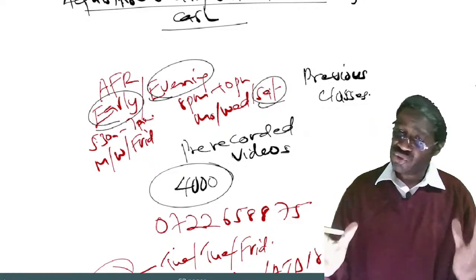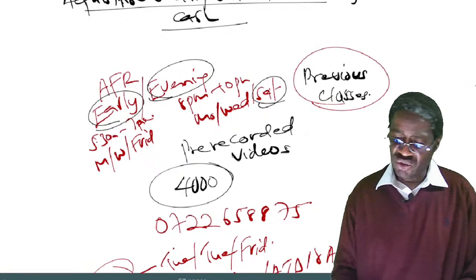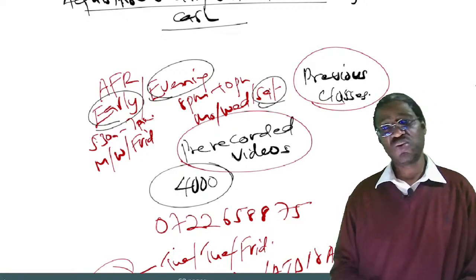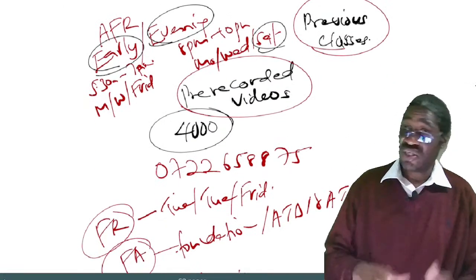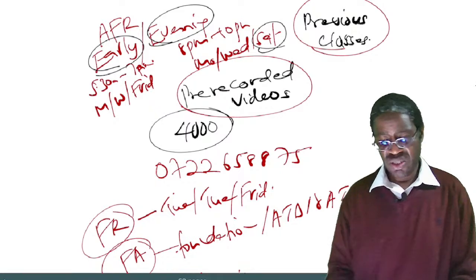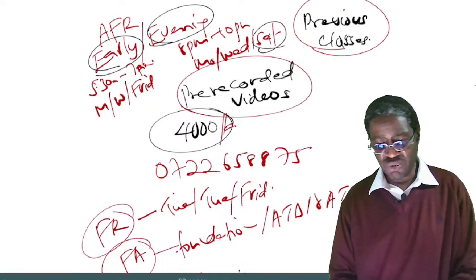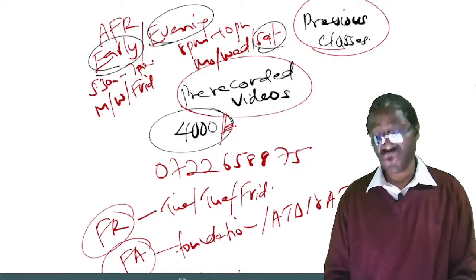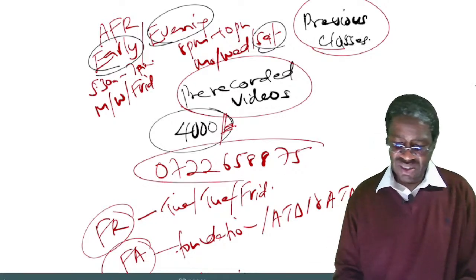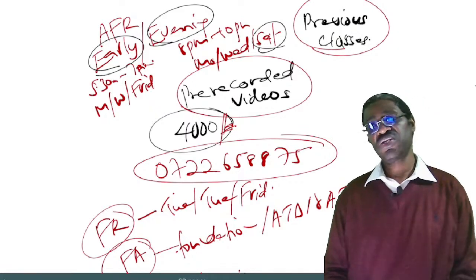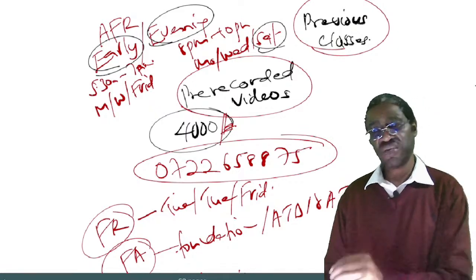Then I've also told you, we shall give you the videos of your previous classes. Then you can also buy what we are calling pre-recorded videos if you feel you want to listen to them at your own pace. Good. We are charging 4,000 shillings for the whole semester. We also accept payments in installments. Good. Then I've said you can call me on that number, 0722 658875.